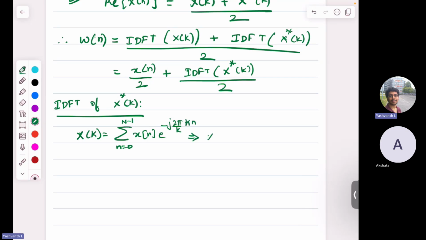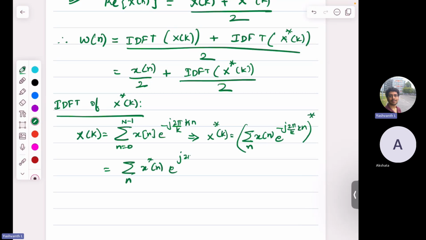This implies that X conjugate of k is equal to, taking the conjugate on both sides, the summation of x of n e power minus j 2 pi by N kn, whole conjugate. That is the same as the summation over n of x conjugate of n into e power j 2 pi by capital N, sorry, capital N, not K, into kn.